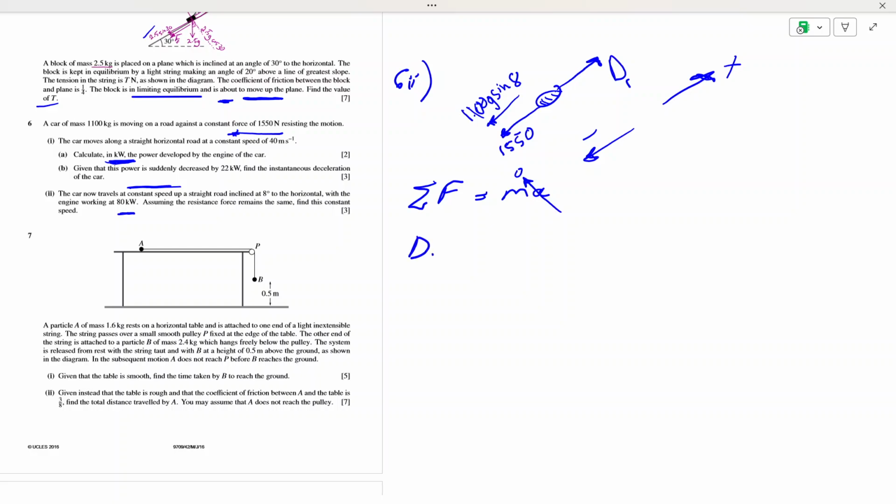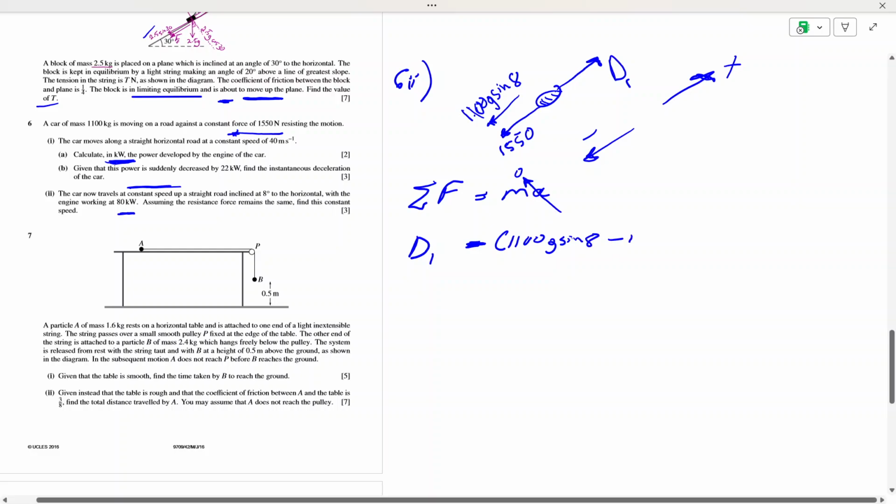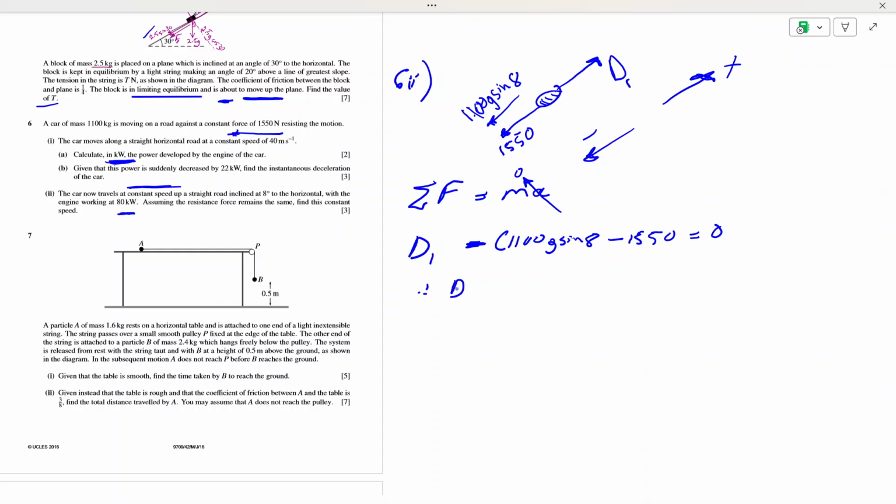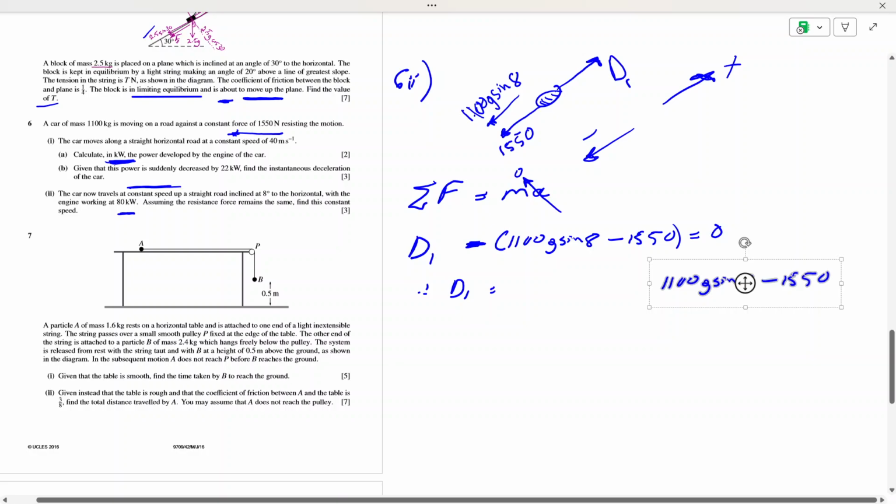So D1 is going to be minus 1100 g sine 8 degrees minus again the 1550 is going to be equal to 0, right? Therefore D1 is going to be equal to that.